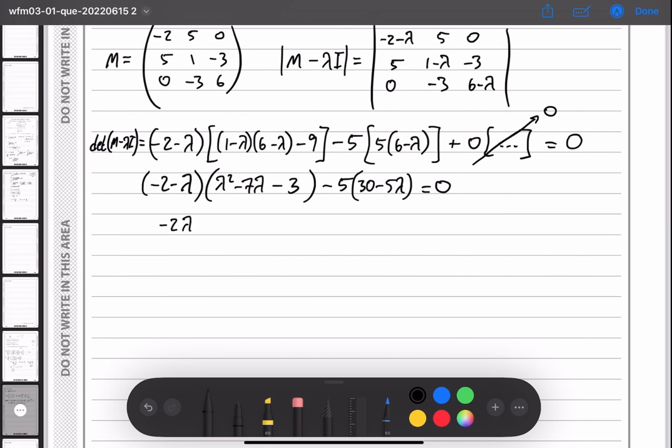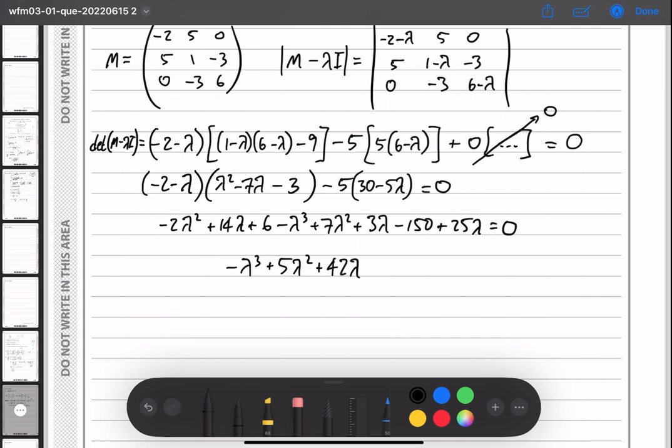So we've got minus 2 lambda squared plus 14 lambda plus 6, minus lambda cubed plus 7 lambda squared plus 3 lambda, the other bracket minus 150 plus 25 lambda, still all equals 0. So that is minus lambda cubed plus 5 lambda squared plus 42 lambda minus 144.